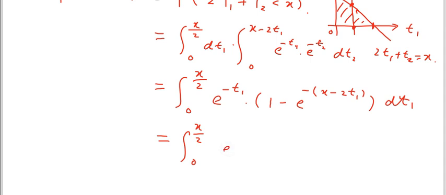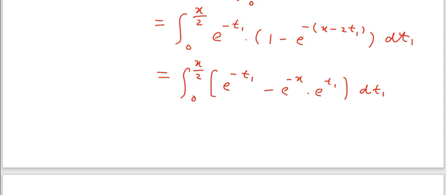So e to the negative t1, minus e to the negative x, and times, so here positive 2t1 minus this becomes e to the t1, positive t1, right? Okay, dt1.